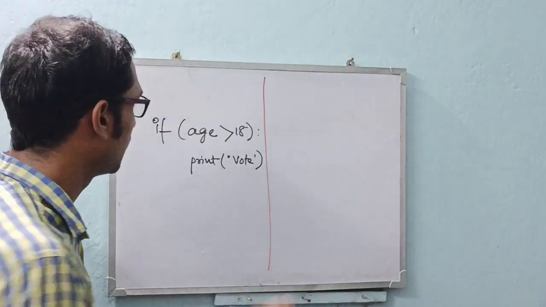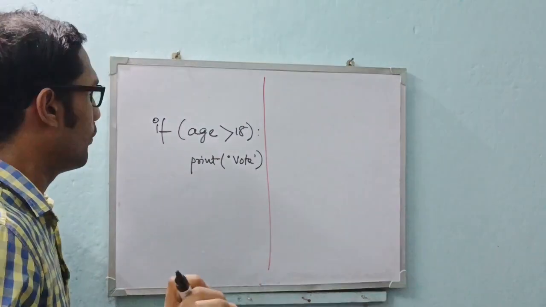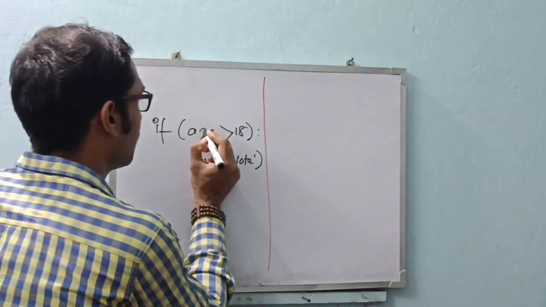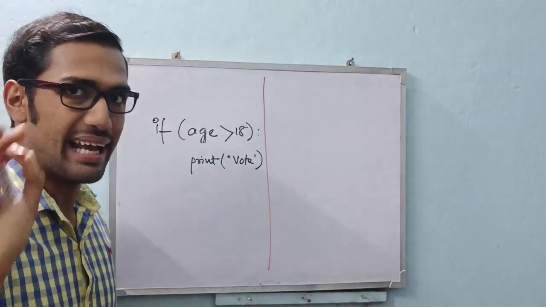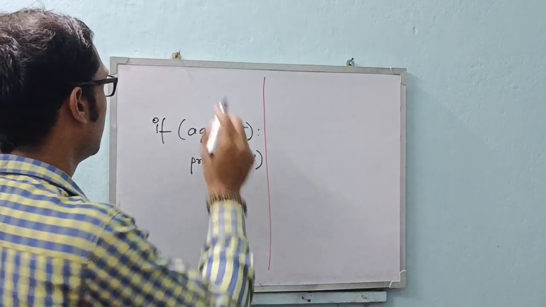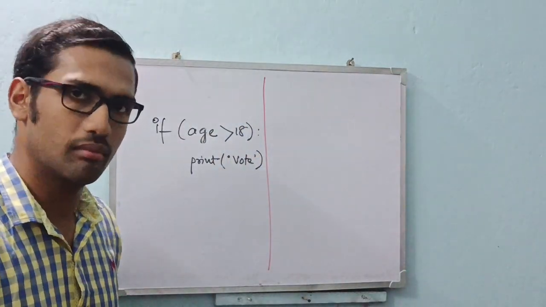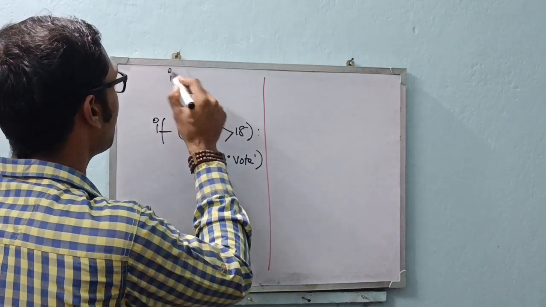Now this particular part, the body of the if, will get executed if and only if the age is greater than 18. Clear? So I am here writing for the if statement.